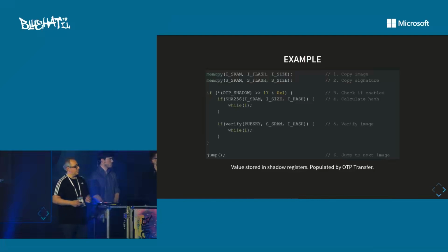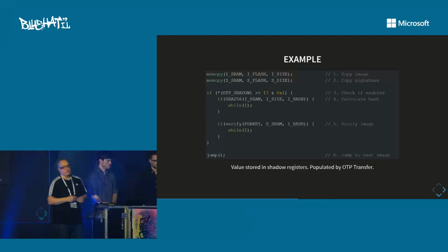You can see here an example where number 4, calculate hash, and 5, verify image. So the hash calculation and image verification is only performed if bit 17 in the OTP shadow location is set to 1. This means that there is information which is stored, which allows performing the signature verification.